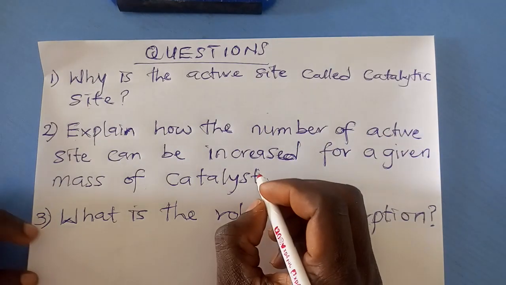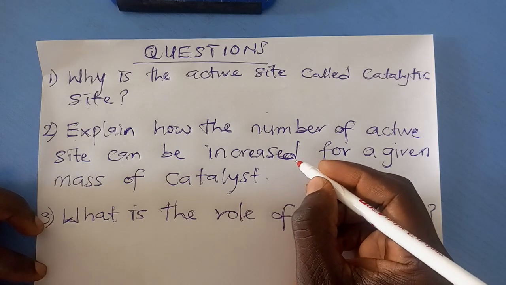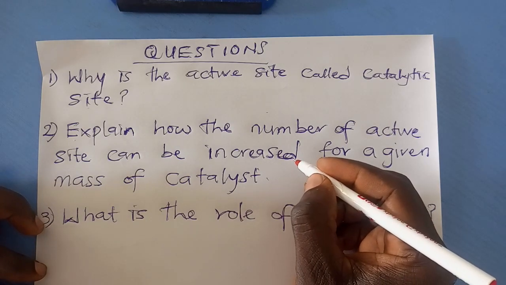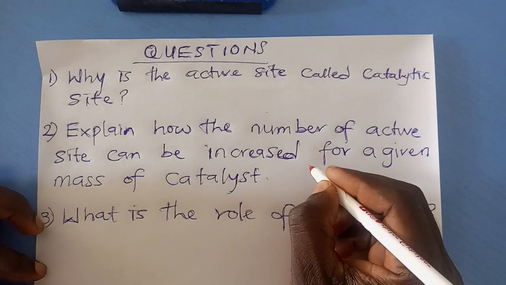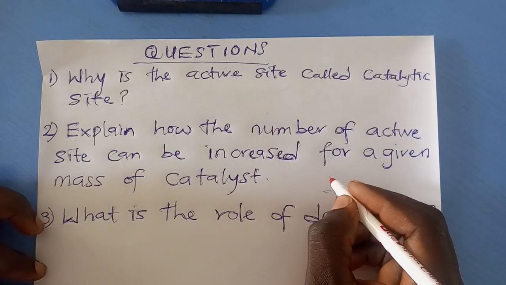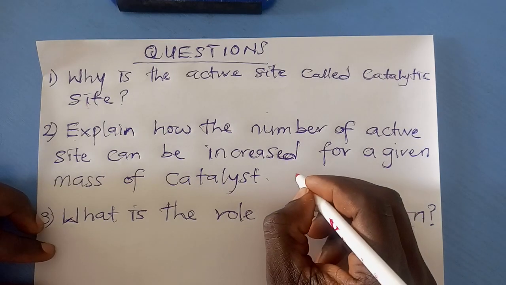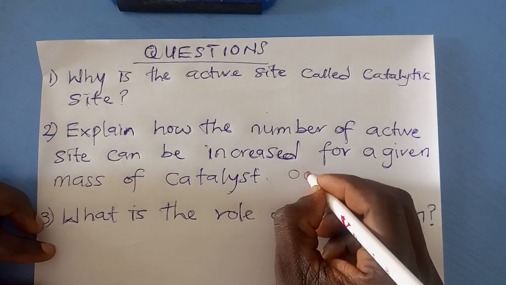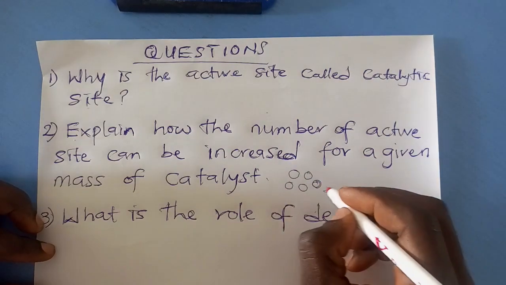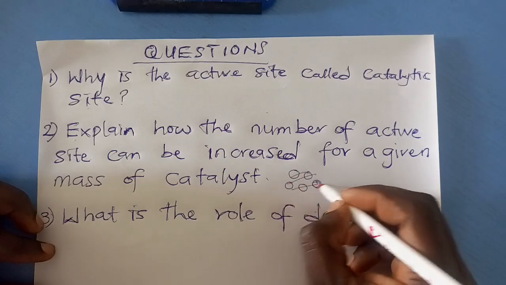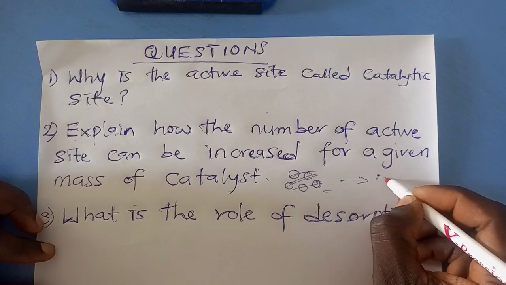Let me explain it in a way that you will understand. If you are increasing the surface of a catalyst, let's say you have a catalyst that is like this. I think you can see what I am drawing. If you break this catalyst further, you are going to have smaller particles.